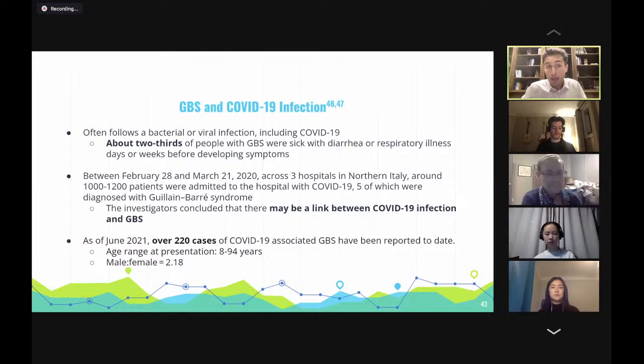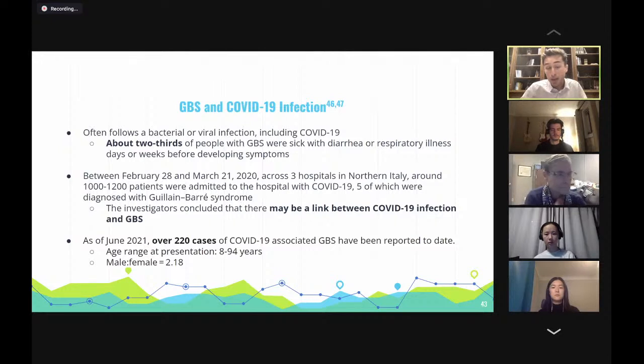And a more recent statistic is that as of June 2021, over 220 cases have been reported, and these have been in some shape or form associated with COVID-19. Again, they can't specifically form that direct link, but they were present with COVID-19.